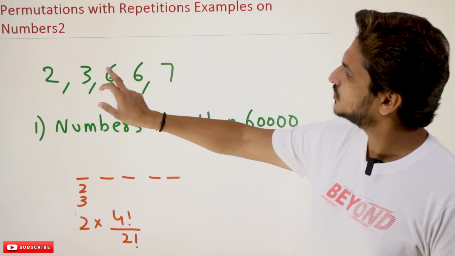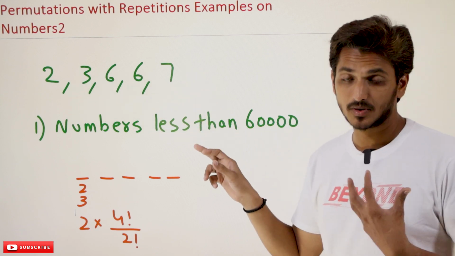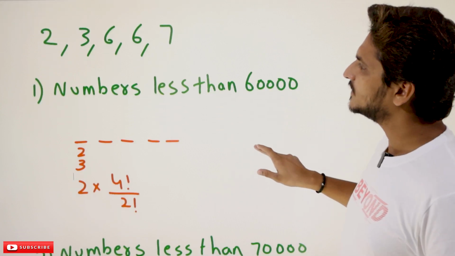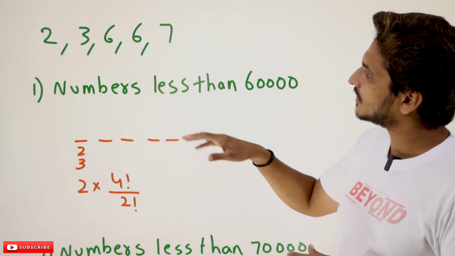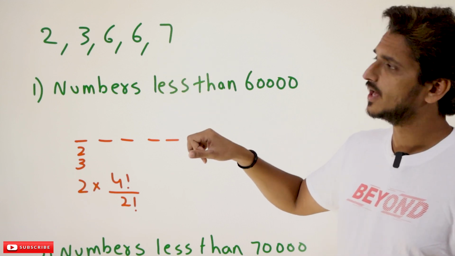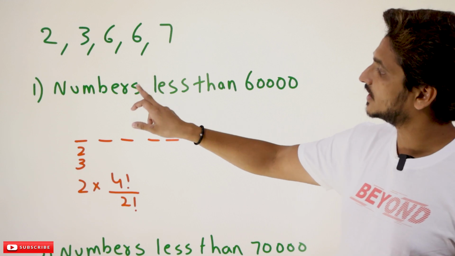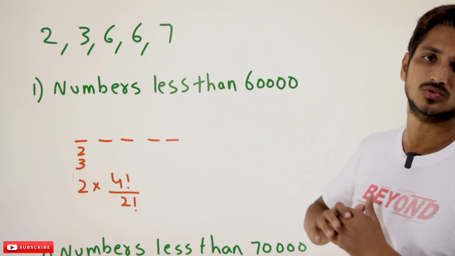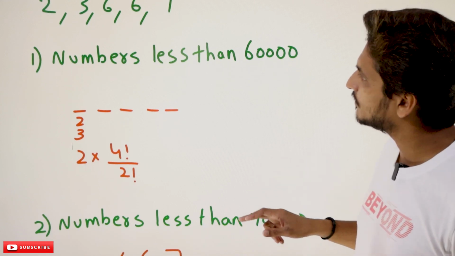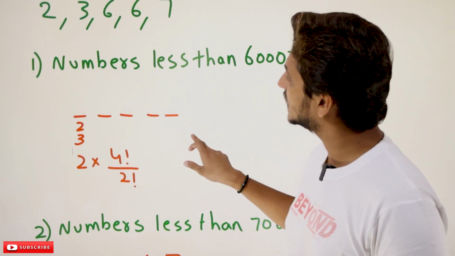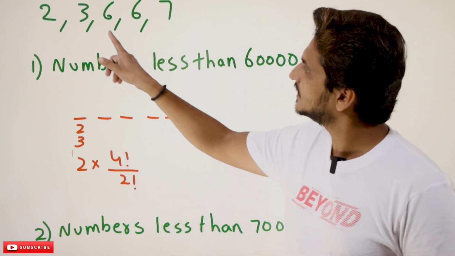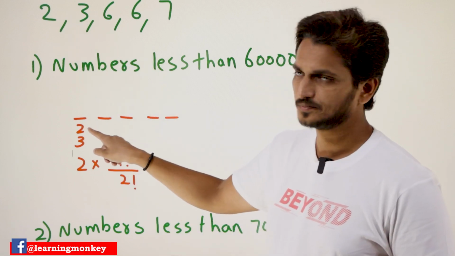Coming to here, 2, 3, 6, 6, 7. These are the digits we have taken, and from these digits we need to find how many numbers we can form that are less than 60,000. Less than 60,000 means in the first position you can place 2.